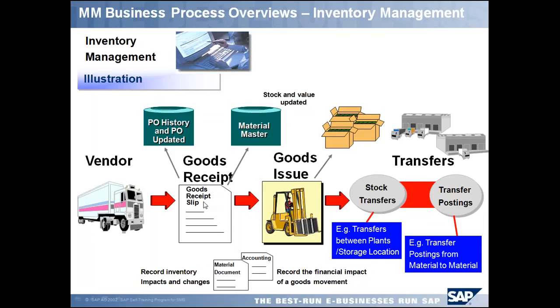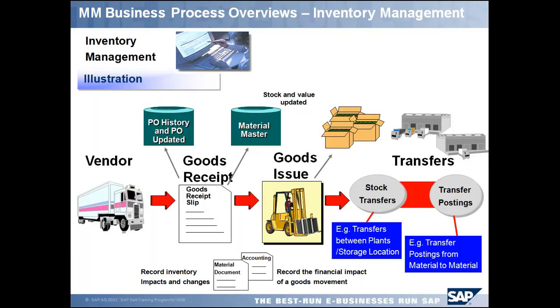Why do you need a goods receipt slip to be updated to Material Master? Because whenever you see the master data, you should understand what is the total goods received and what is the stock available. So can we see the stock from Material Master?